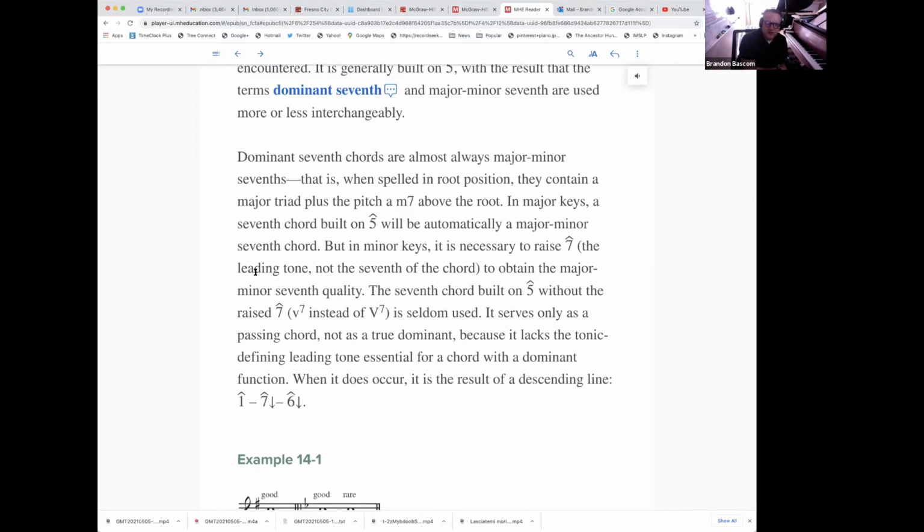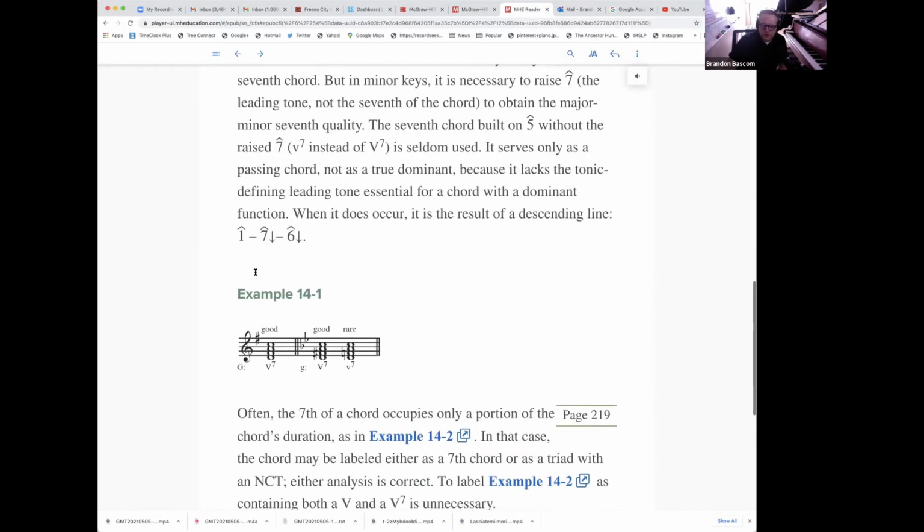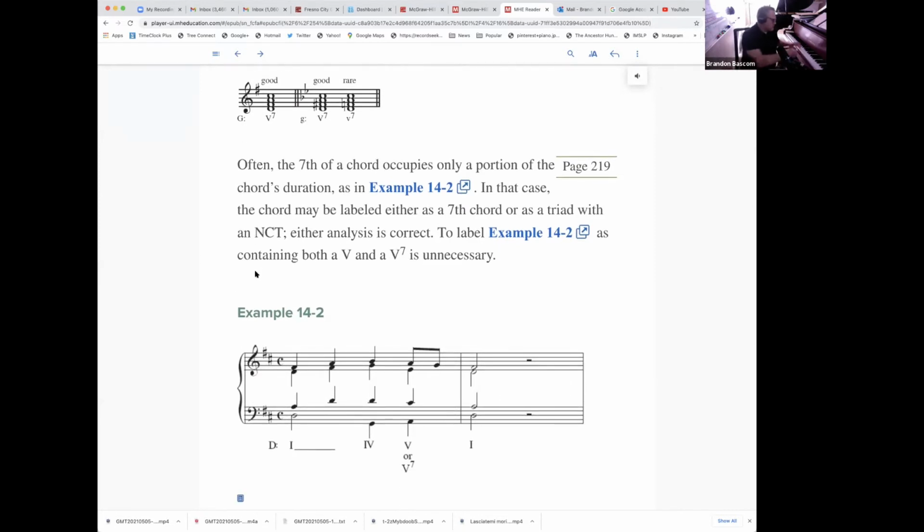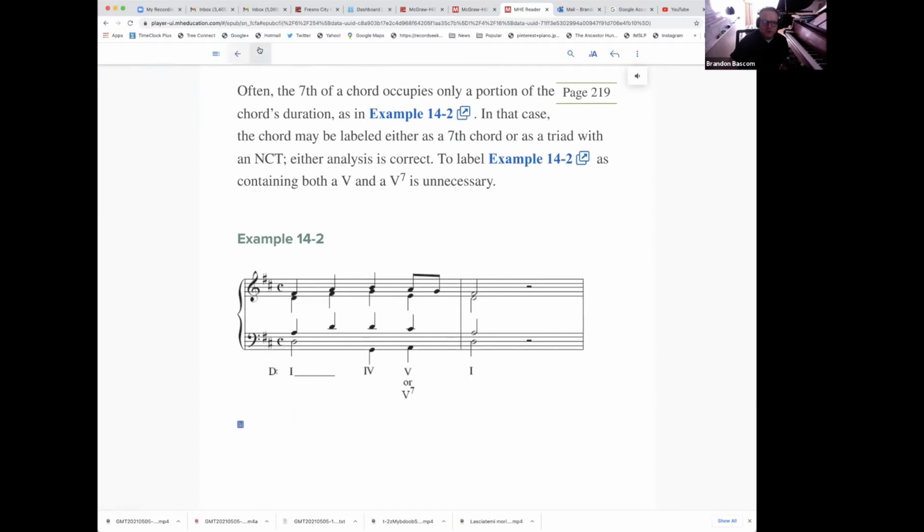Major triad, minor 7th. First we have the dominant, now we have the dominant 7th. Pretty straightforward, I think.